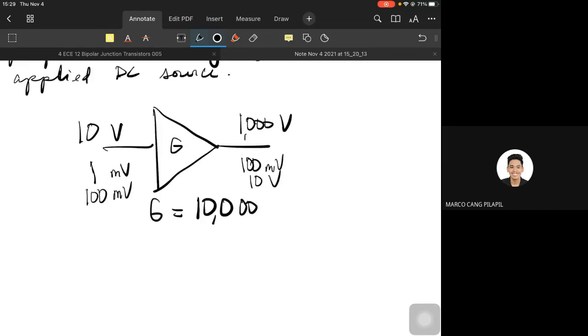So if we have even 1 millivolt, 1 millivolt times 10,000 is 10 volts. So what if 100 millivolts? 1,000 volts again. With that gain, if our input is 100 millivolts, we get back to an output of 1,000 volts.